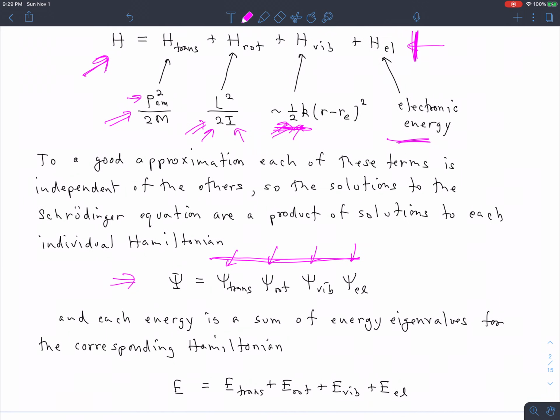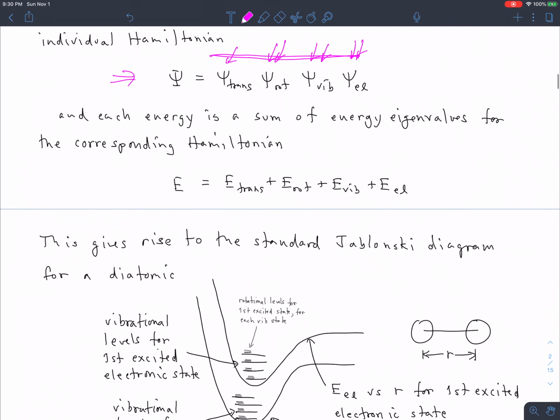The translational one is the particle in a box. The rotational one is the rigid rotor problem. The vibrational one is the harmonic oscillator, and the electronic one is the thing that gets dealt with in Hartree-Fock theory, for example, and other kinds of theories like that.